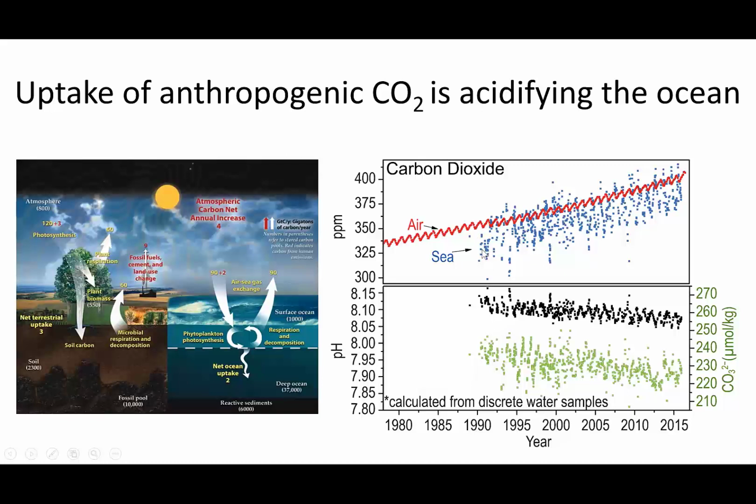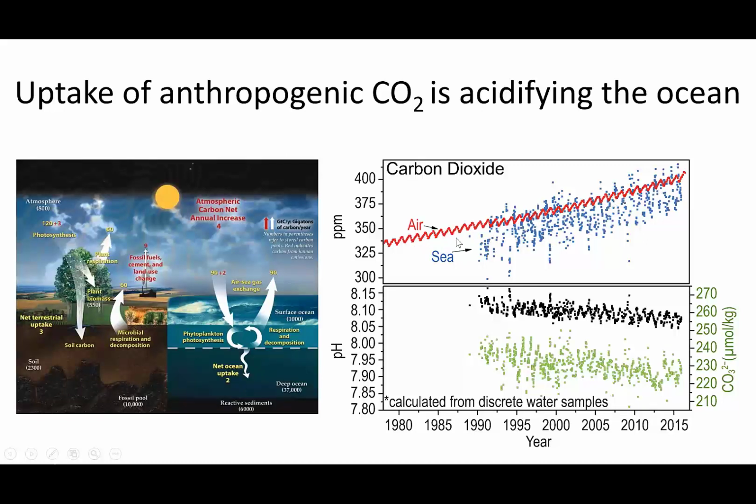And you can see here that in the surface ocean, the pCO2, or the fugacity, the fCO2, of carbon dioxide in the surface ocean is closely following the trend in the atmosphere upwards as the surface ocean tries to maintain its equilibrium with the atmosphere.